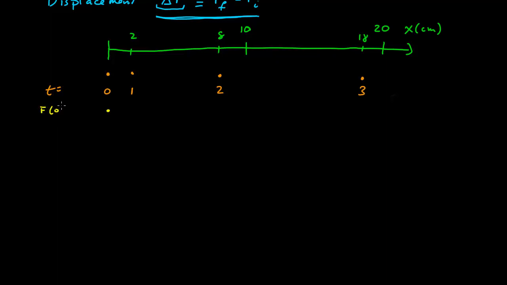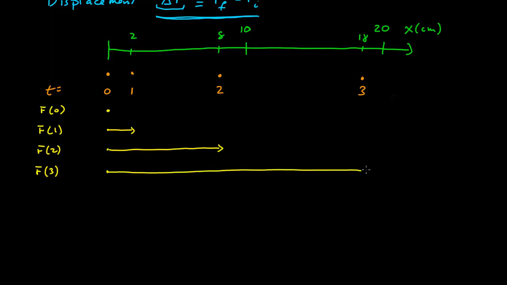This is our motion diagram. At t equal to 0, r was 0. At 1 second, our vector was 2 centimeters long, pointing in the positive x direction. At 2 seconds, our vector was 8 centimeters long, pointing in the positive x direction.